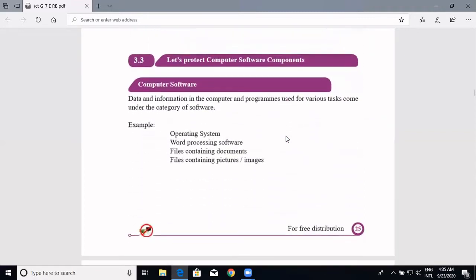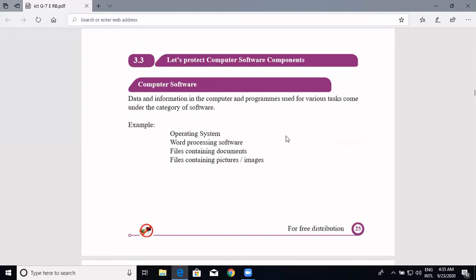Okay, so up to now we talked about the hardware and hardware security, but then we have to think about software components, right? So data and information in the computer and these programs are basically coming under computer software. We learned there are system software and application software as well. So mainly operating system we consider as a system software.